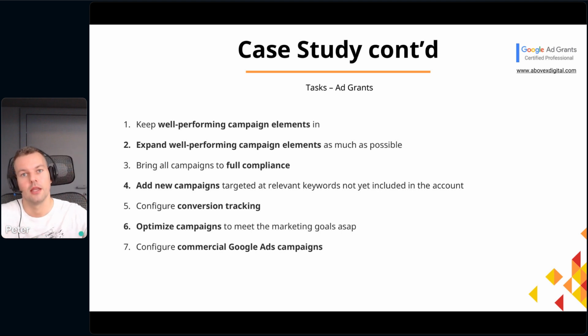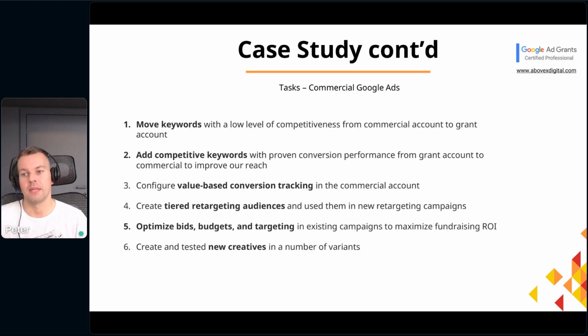So we free up budget and then we create new fundraising campaigns in their ad grants account. And they also have a commercial grant account, right? So what we do, again, as part of that analysis of the grant account, we identify keywords that have decent conversion performance, but perhaps those keywords are too expensive, too competitive for us to rank on well in the grant account. So now we take these keywords and we temporarily move them into the commercial account.